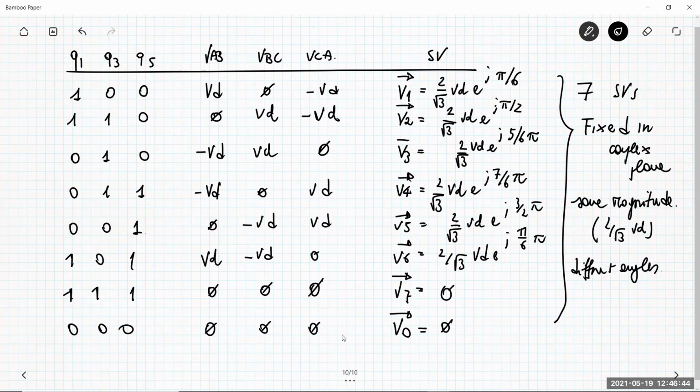From these 8 space vectors, you have just 6 that are not null.